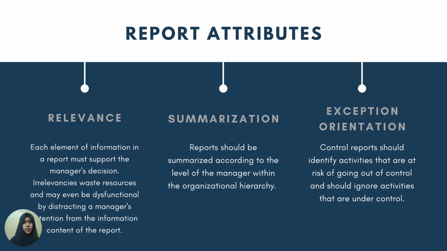Irrelevance wastes resources and may even be dysfunctional by distracting a manager's attention from the information content of the report. Summarization: reports should be summarized according to the level of the manager within the organizational hierarchy. Exception orientation: control reports should identify activities that are at risk of going out of control and should ignore activities that are under control.